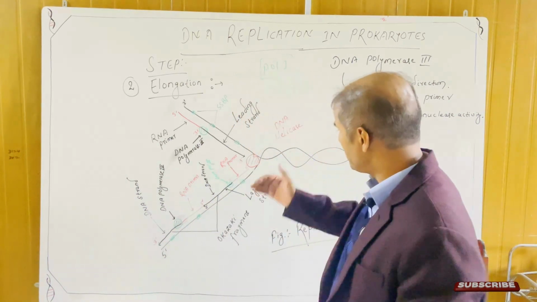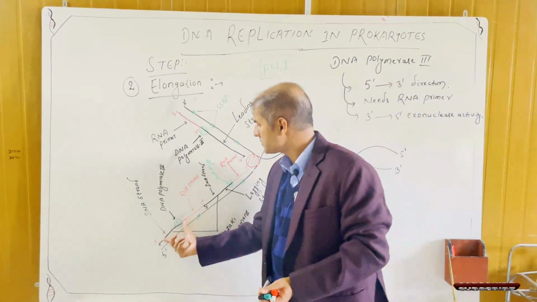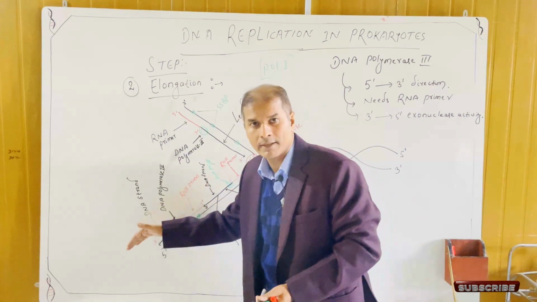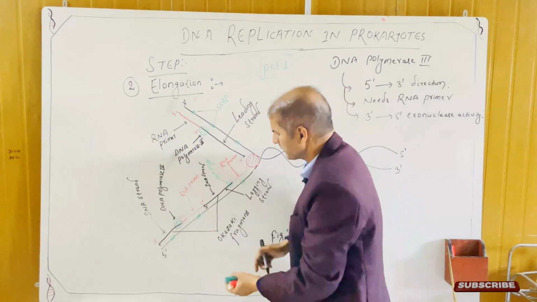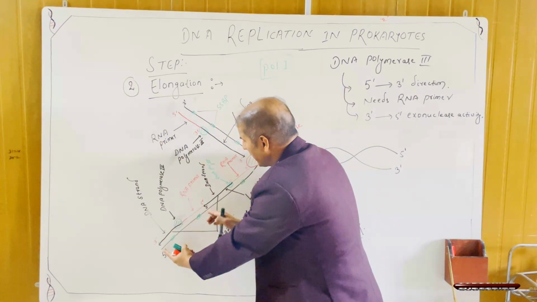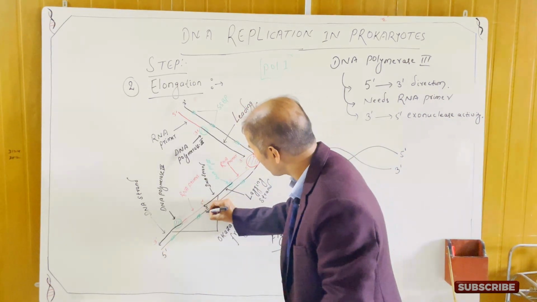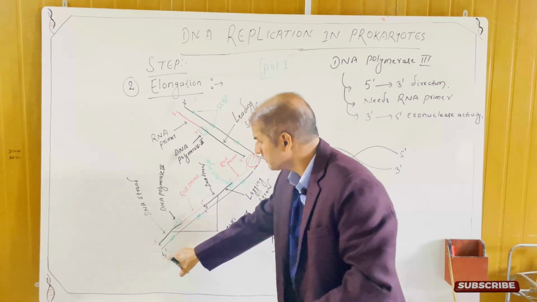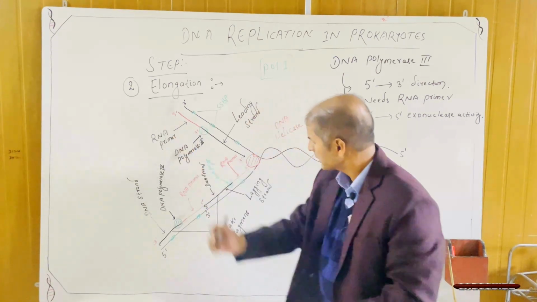That's why DNA polymerase III will synthesize new DNA strand in the opposite direction. So now we can simply understand this concept. When we look at this segment of parental strand, if this is 3' end, this will be 5', and if this is 5' end, this will be 3' end, isn't it?